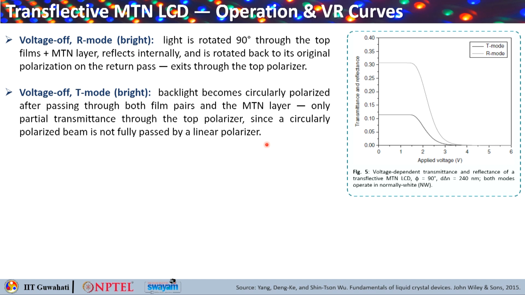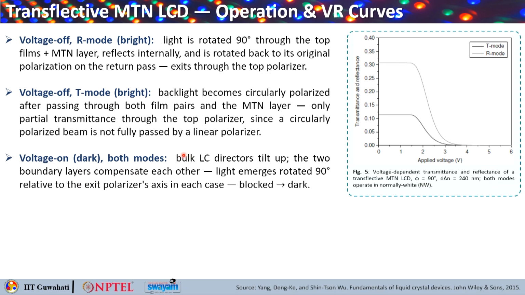So only partial transmittance through the polarizer is possible, since a circularly polarized beam cannot fully pass through a linear polarizer. But you can get light out of it, so you are basically getting bright modes in both the T mode and reflection mode when the voltage is off.